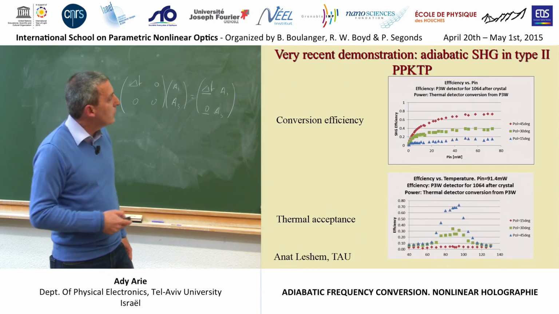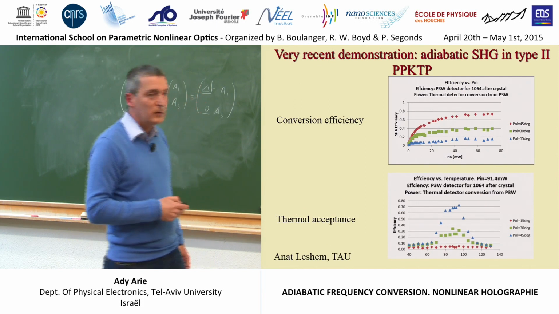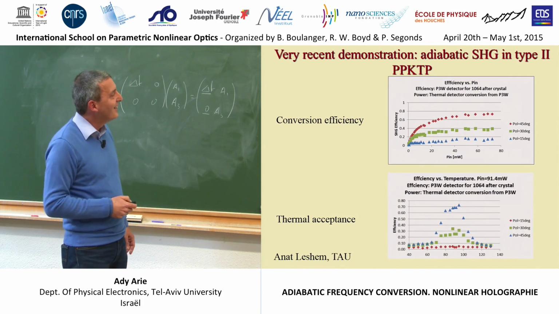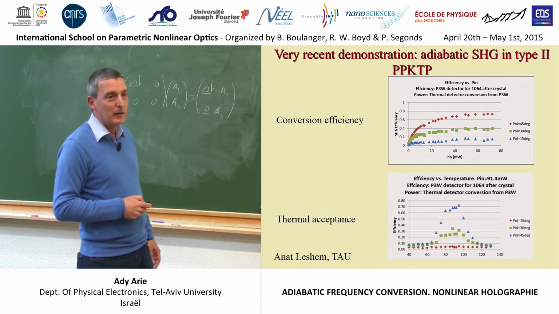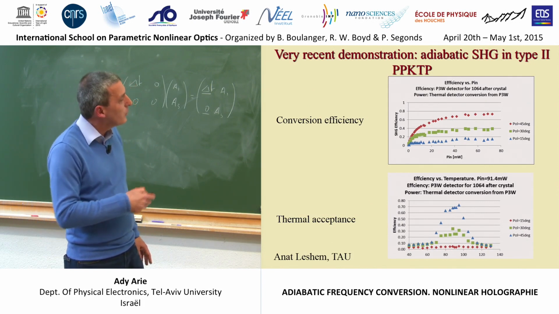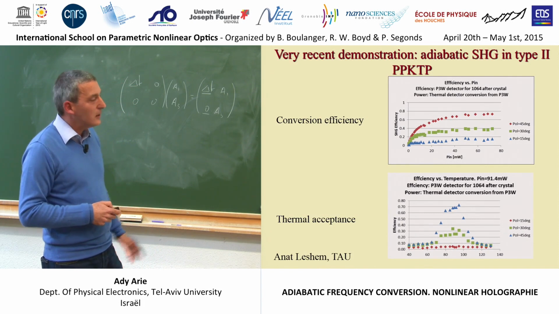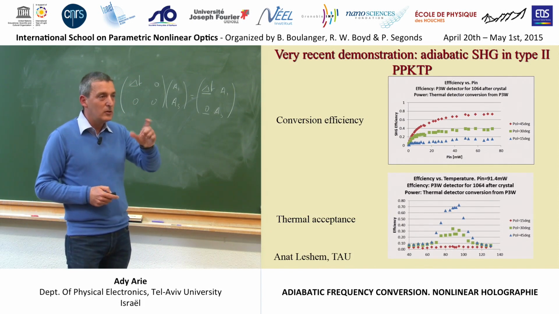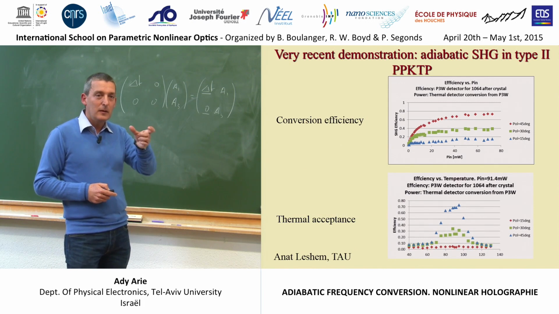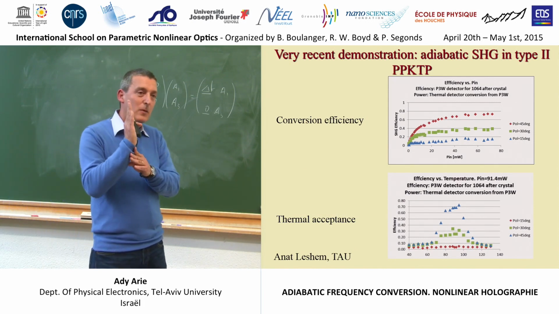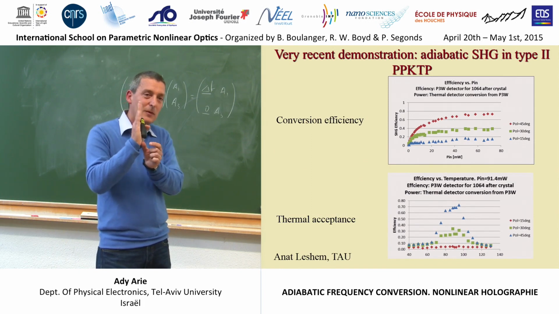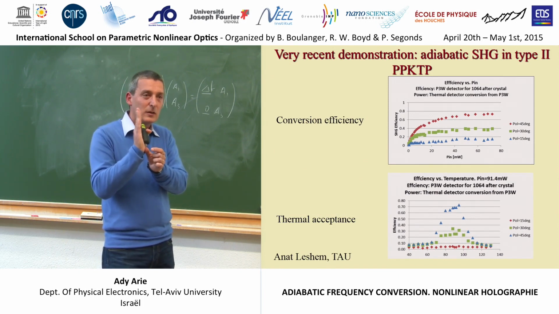And this is a more recent result. In fact, very recent. It was last week. In this case, we use type 2 KTP. It's not periodically poled, it's a chirped poled KTP. The reason we do type 2 is because we can change the angle of the pump, and then we can move from the undepleted pump approximation, where one polarization can be considered the pump and the other polarization can be considered the signal.